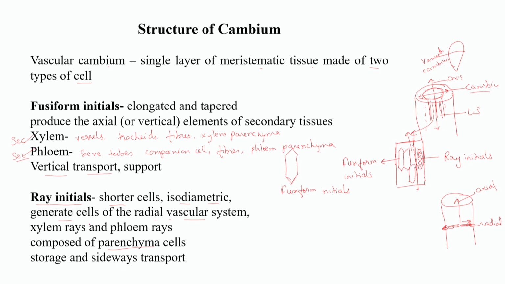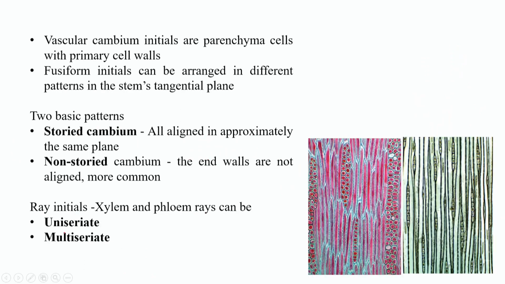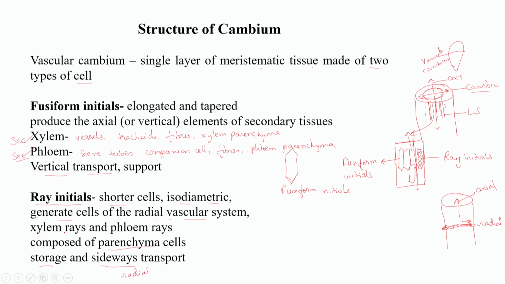Generally, their purpose is sideways or radial transport, and since they are parenchymatous, they can also perform the function of storage. They are known as xylem rays when they are present in the xylem.